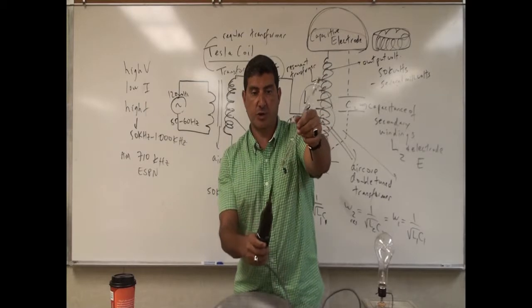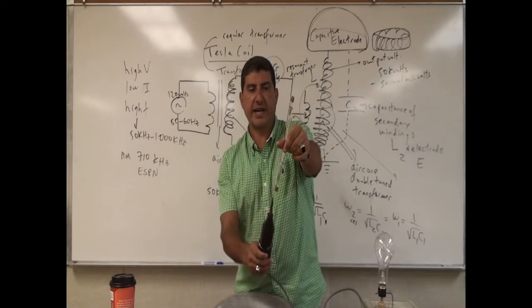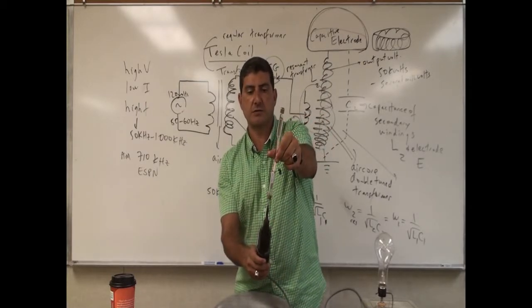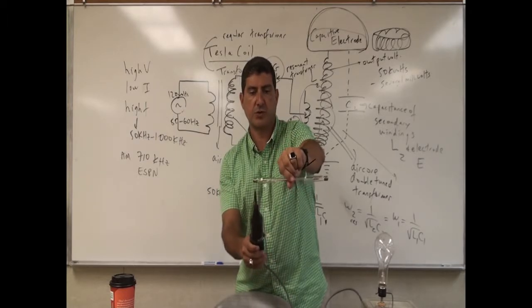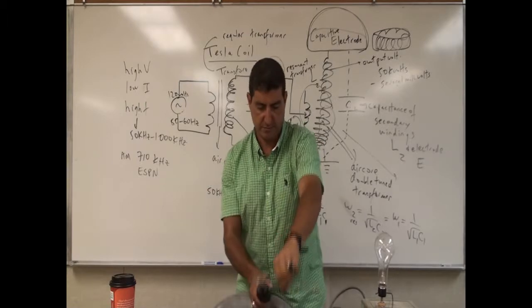I could use the Tesla coil to light up the gas tube here. You can see this is a helium tube. So when I bring it close to the helium tube, it lights up. It's kind of a yellowish color.